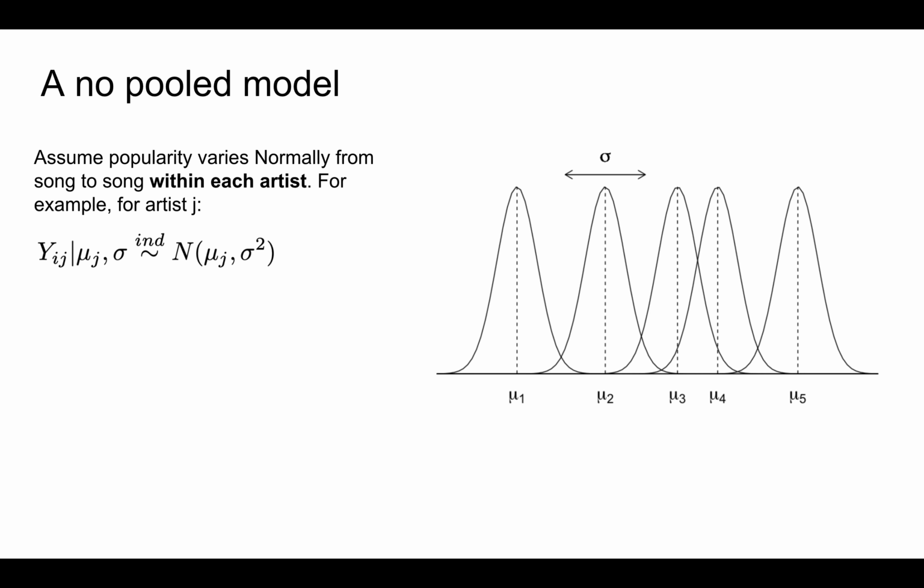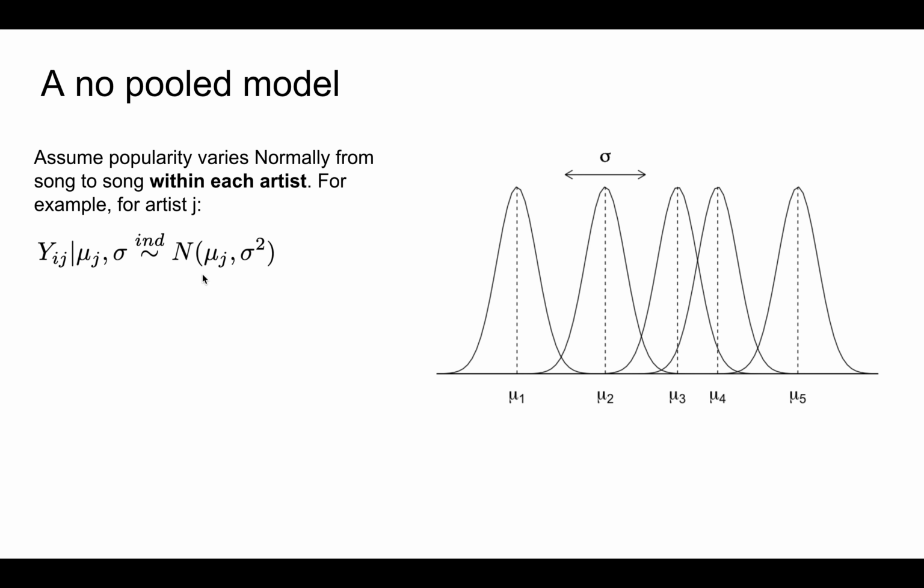To implement the no-pooled model, we can start by assuming that popularity varies, normally, from song to song within each artist. That is, as represented by the plot here, each unique artist has their own unique normal model. For example, for artist j, the popularity of different songs i, that is Yij, these Yij follow a normal model with mean μj and standard deviation sigma.